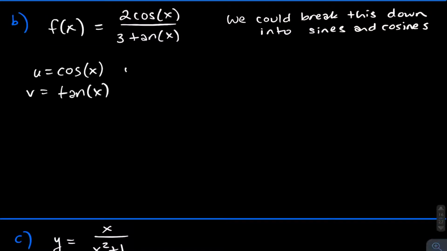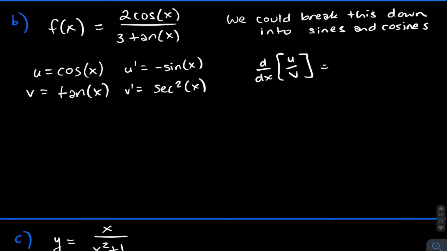In which case, u prime is the derivative of cosine x, which is negative sine of x, and v prime is the derivative of tangent x, which is secant squared of x. Again, if you don't have these memorized right now, don't freak out. No big deal. Just know that this is the derivative of that. And remember our formula is that the derivative of u over v is u prime v minus v prime u over v squared.